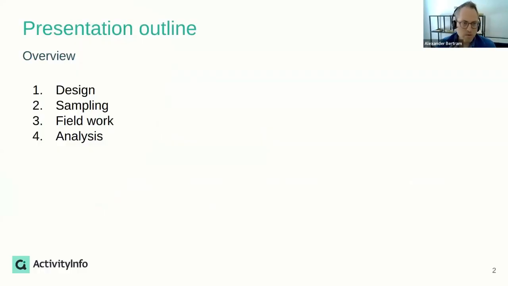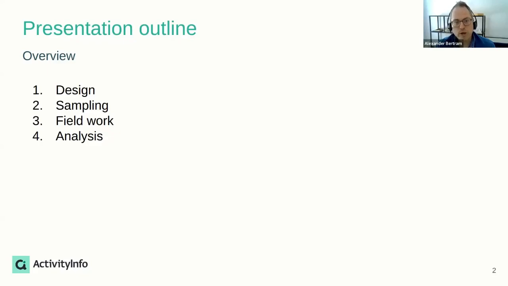So I'm going to break it down into about 4 different stages. First we'll look at the design. How do you think about these surveys, not just as a one-off exercise, but as an element in your information management system, your monitoring system. Then we'll turn briefly to sampling and look at how to do some very basic sampling as needed.